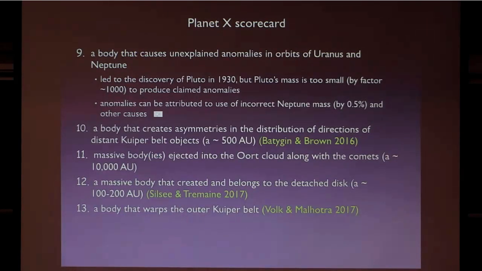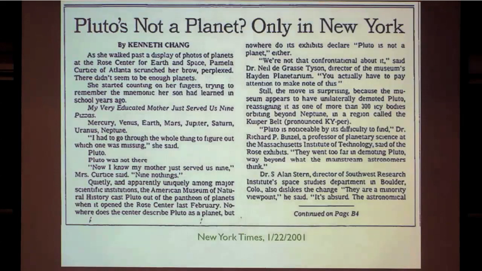I feel I should point out that the demotion started in New York when the new Hayden Planetarium opened and didn't include Pluto in its list of planets, and with its usual perceptive investigative reporting, the New York Times discovered this and publicized it. They had another article with the headline, "New York's a tough town for a small planet." And that's why Pluto's not a planet anymore.